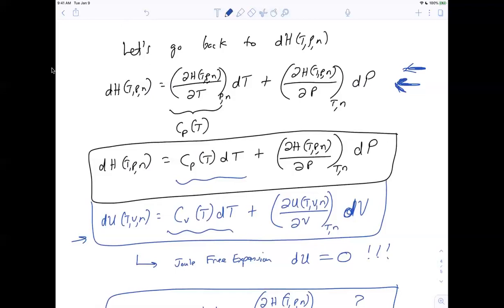And so what I said is that for that first term on the right-hand side of the equal sign, if pressure were constant, this would just be Cp of T times dT, because this would just be dQp. At constant pressure, this general equation would reduce down to something simpler. And that something simple is that dH would equal this heat, this dQp at constant pressure. But the equation here is general.